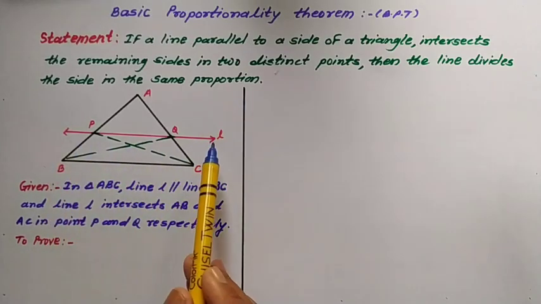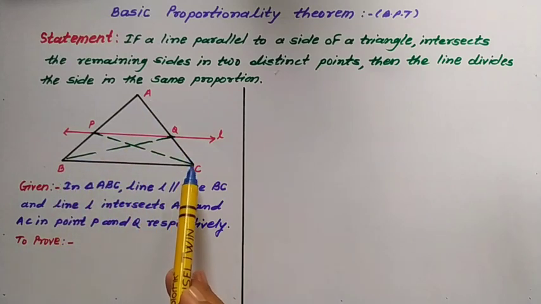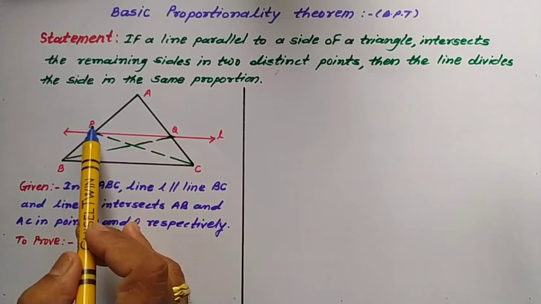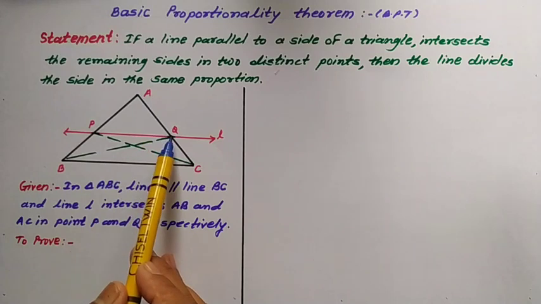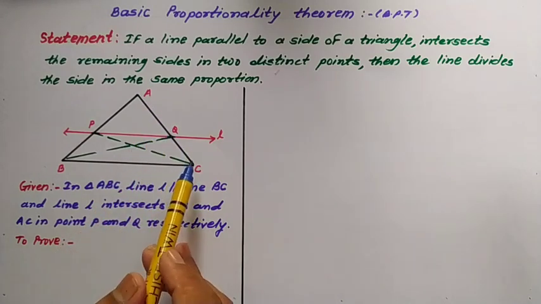Here the line L divides the two sides AB and AC into two parts each: first AP and second PB, and on the other side AQ and QC.